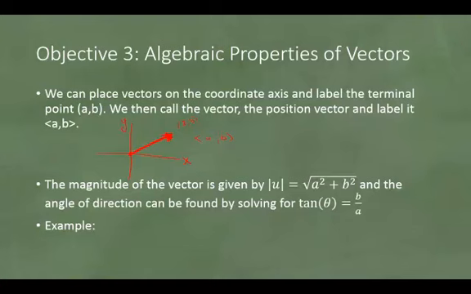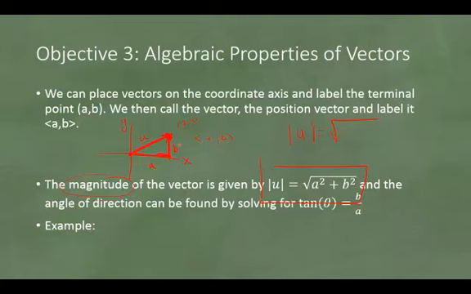The magnitude of the vector is just the length of that vector. So the length of it is given by the distance formula, just like you would think. And if we call this vector u, then the magnitude of u is equal to the x coordinate, which is a, squared, plus the b coordinate squared.